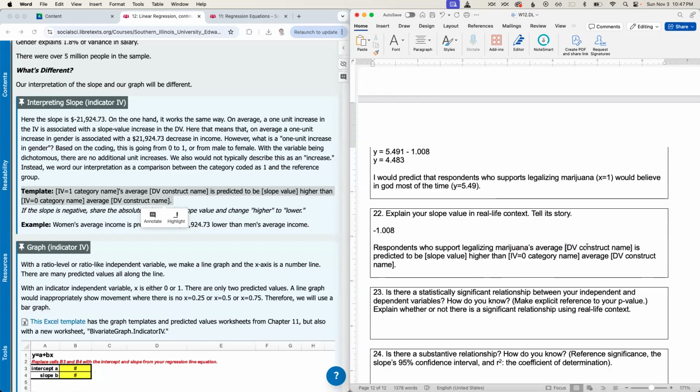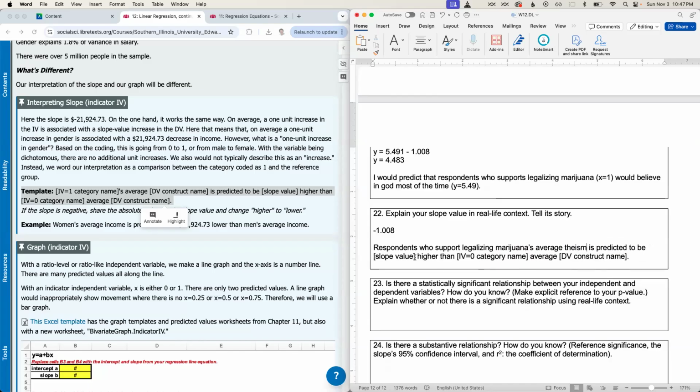Their average theistic views is predicted to be negative 1.008 higher than IV equals 0 category name.